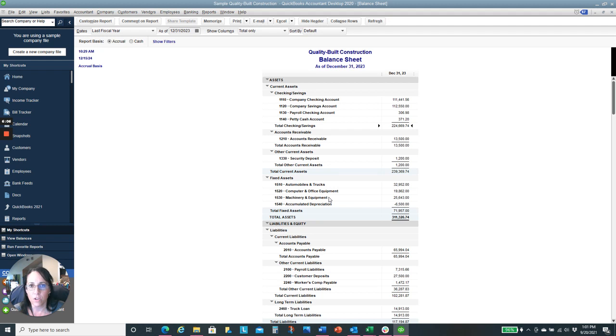want to have a threshold, and what I mean by that is every company has a policy or a threshold on what they consider to meet the requirements to be a fixed asset. And usually companies will go with either 1,000 or 3,000.